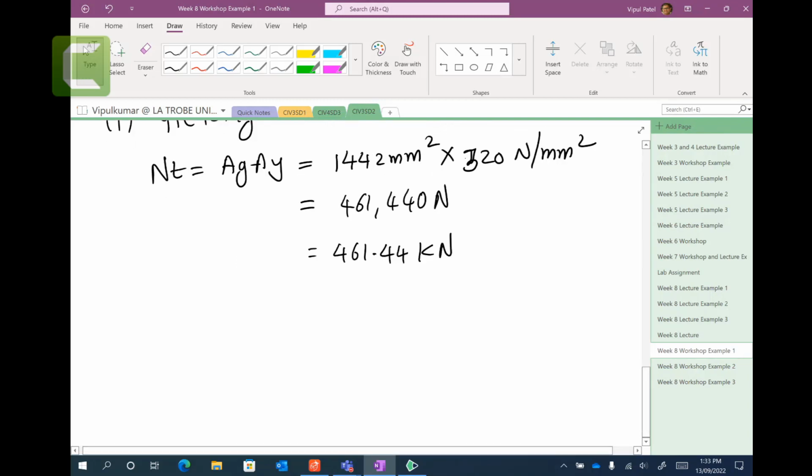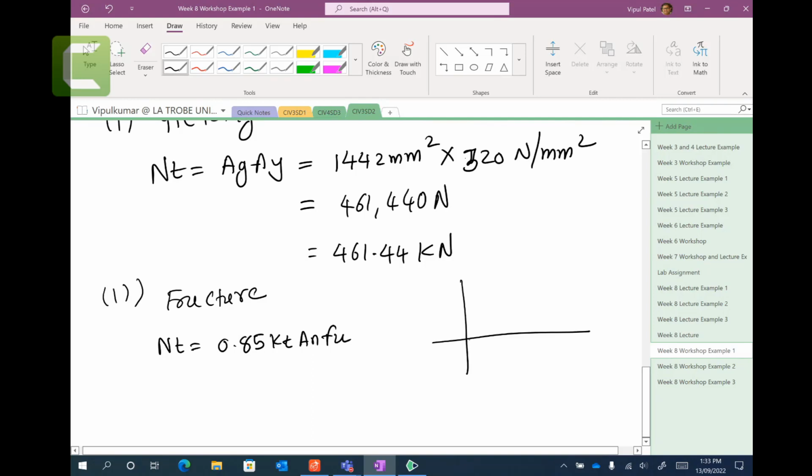All good. Move on. Option number 2, that it can fracture, right? We don't know. The standards want you to check. So the fracture has the equation 0.85 KT AN FU. You know where the 0.85 is coming from.